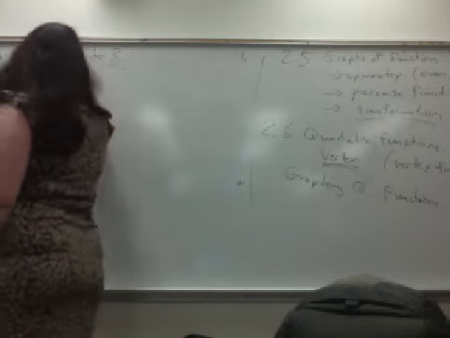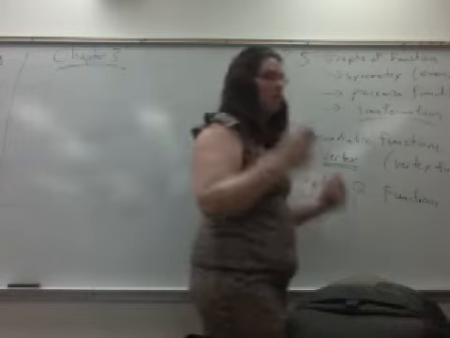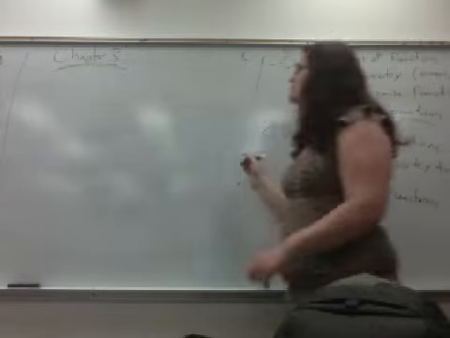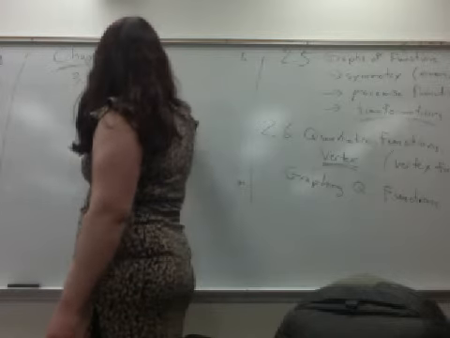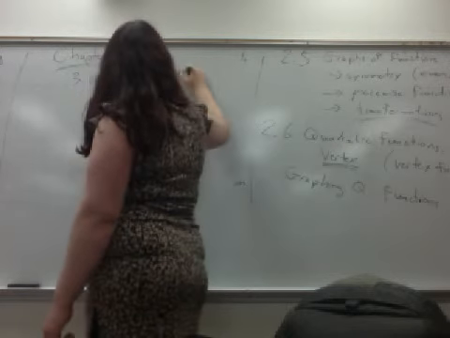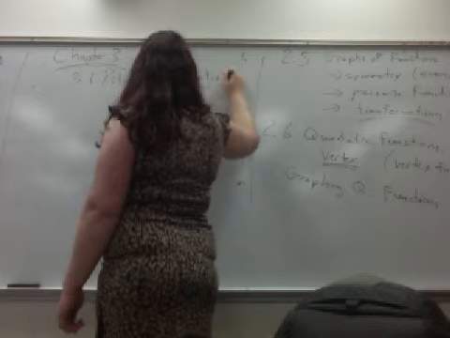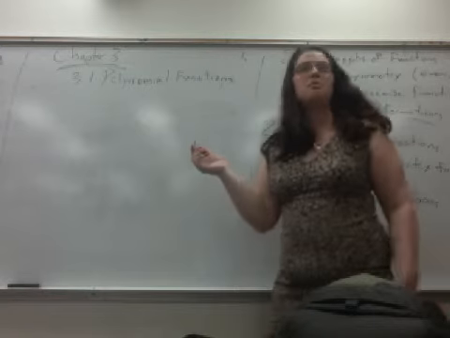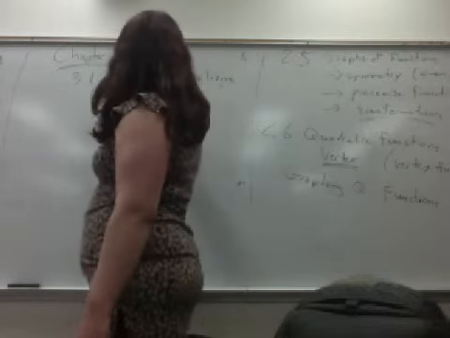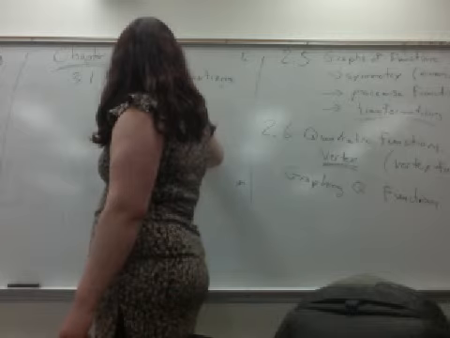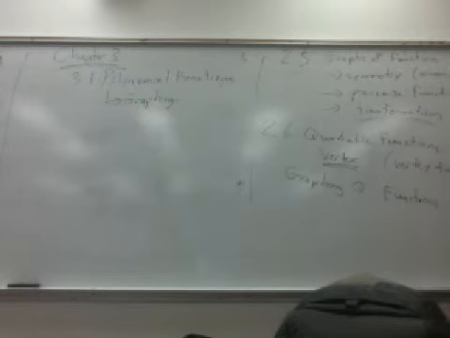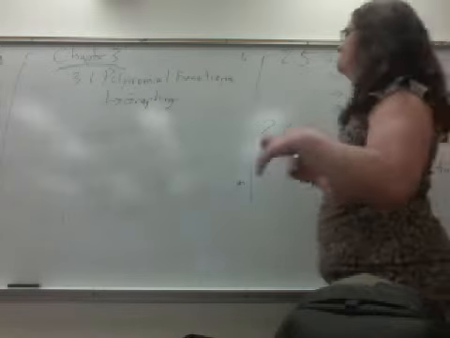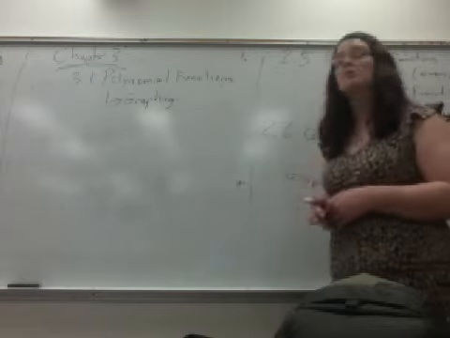So chapter 3 was where we dealt with polynomial functions and rational functions. So 3.1 was about polynomial functions, right? How do we graph them? So how do we graph something like x cubed minus 2x squared plus 3x minus 6?